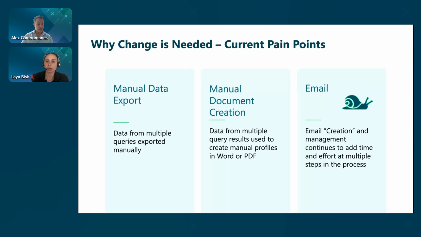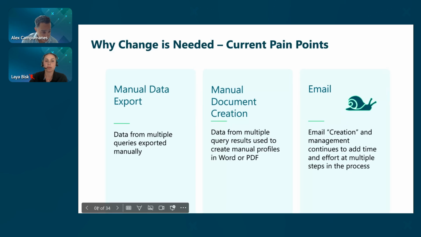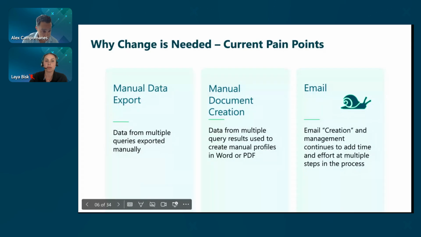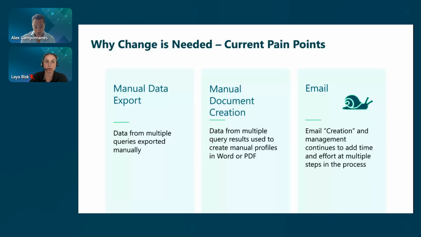So why is change needed? These are some of the current pain points that we were suffering with respect to this process. First and foremost, manual data export. Multiple queries had to be executed in database view to export data.